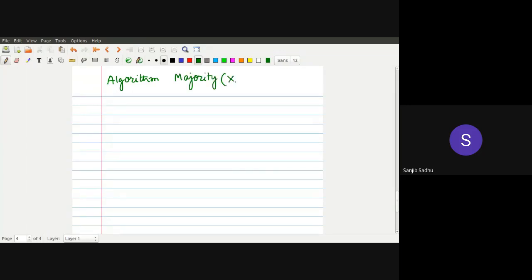X is the name of the array, and n is the number of elements, the size. So you should write like this: input. Please remember, this is the algorithm class, so whenever you write any algorithm, you should describe it. X is what? An array of size n.